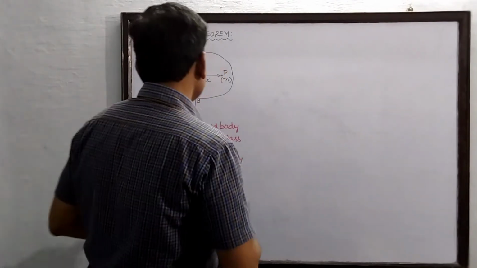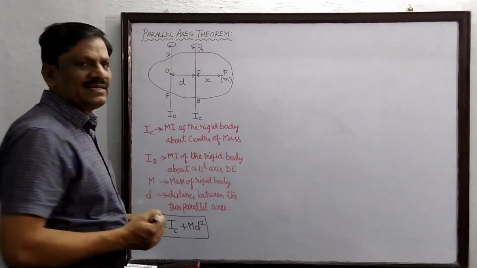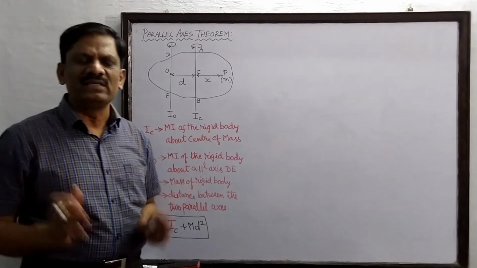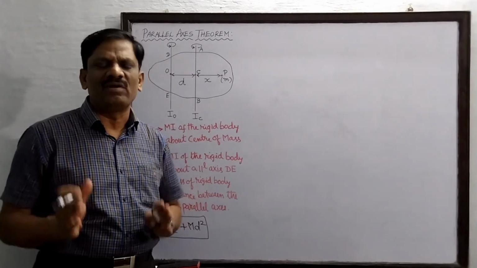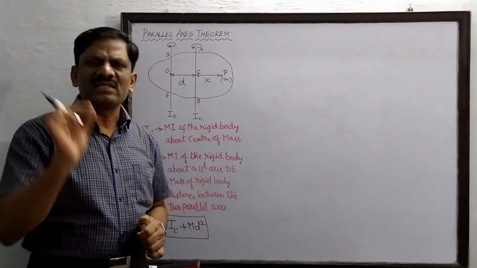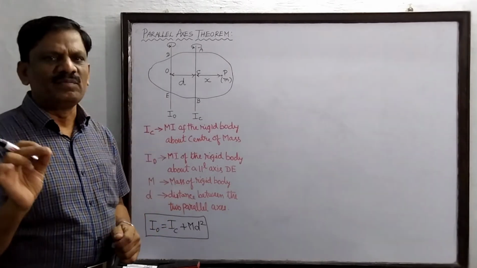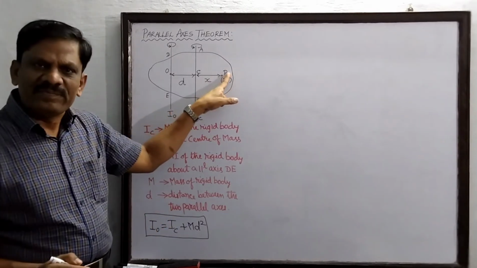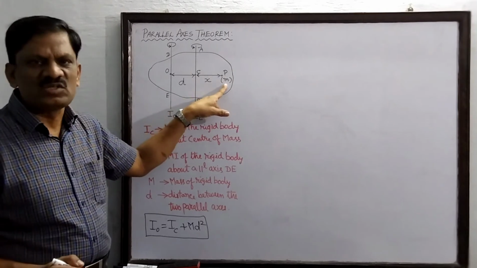Okay. For that, let us consider that the entire rigid body is made up of so many point massed particles. One such point mass is located at P. So its mass is small m.